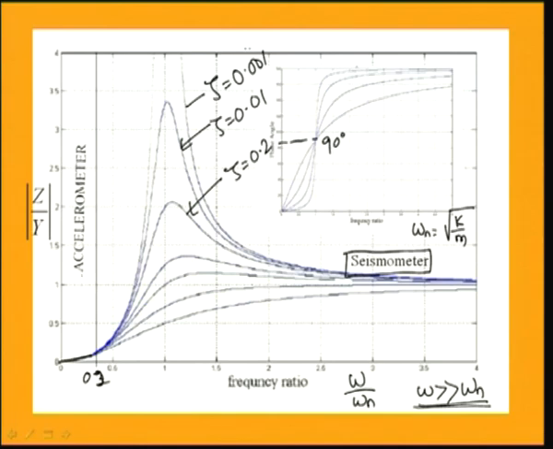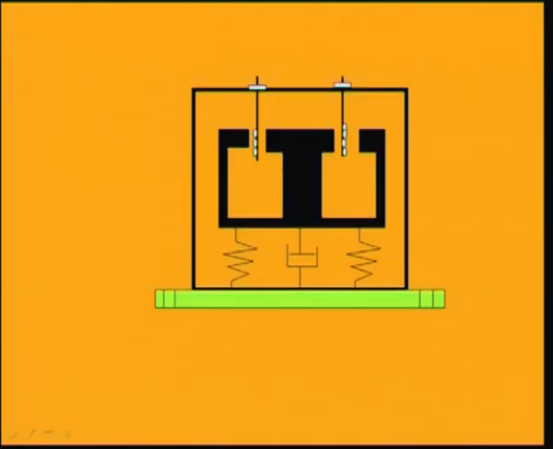To measure this relative displacement, in an actual accelerometer, the mass inside is of magnetic nature, and this is the stiffness, the springs and damper attached to it, and there is a coil attached from the top of this box.